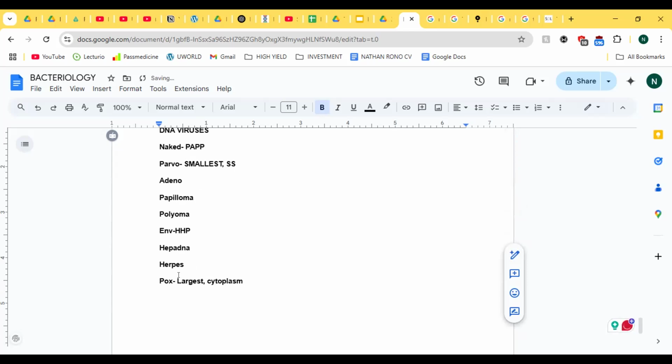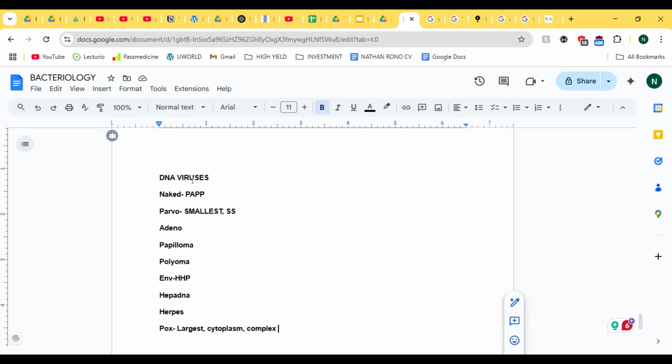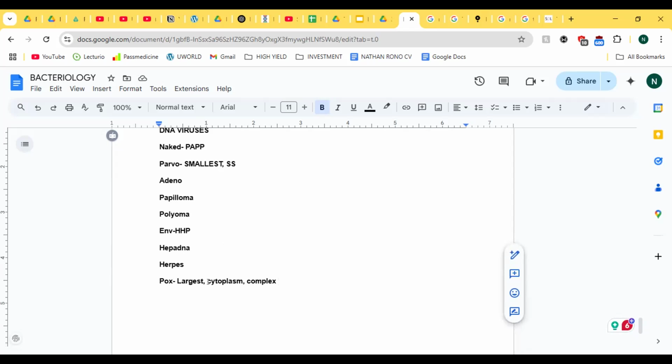The rest replicate in the nucleus. Another unique factor is that pox is complex, while the rest are icosahedral. So parvo is the smallest, which makes sense since it's at the beginning of the mnemonic, and pox is the largest.